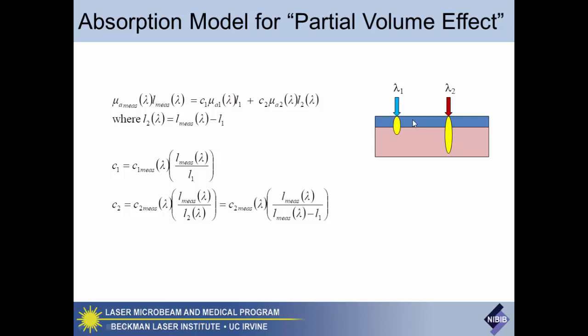So you know you have a single concentration of melanin, but you have two measurements that will give you two different results. You can scale everything to say, okay, if I have a layer thickness of this amount, then my interpretation of melanin concentration in one measurement and the other are the same.